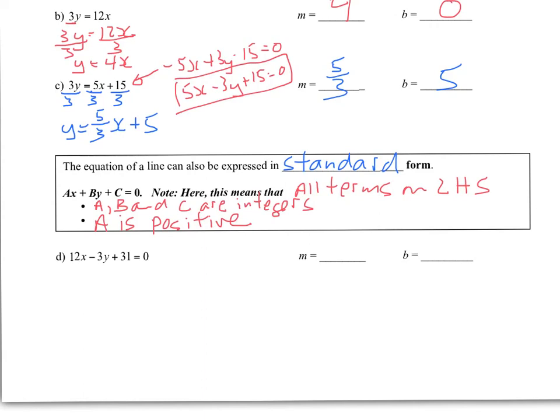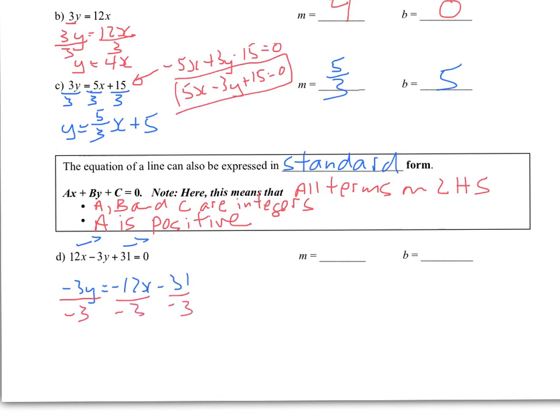So I'm going to move this to the other side and this to the other side. I'll get negative 3y is equal to negative 12x subtract 31. Now I'm going to be dividing everything by -3, and the sign has to be changed on each term as well.